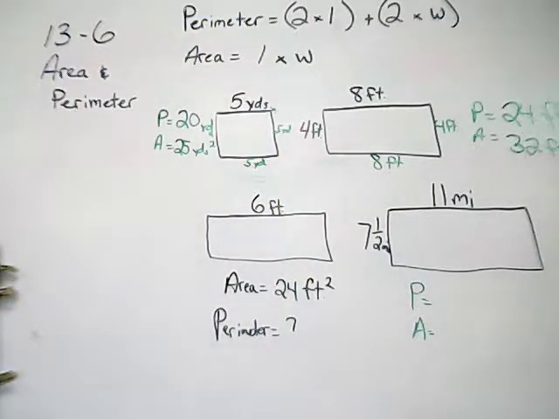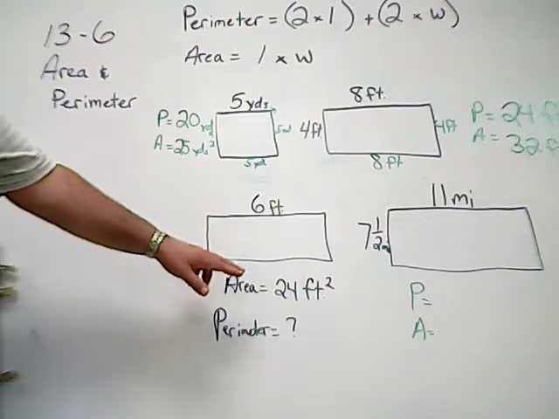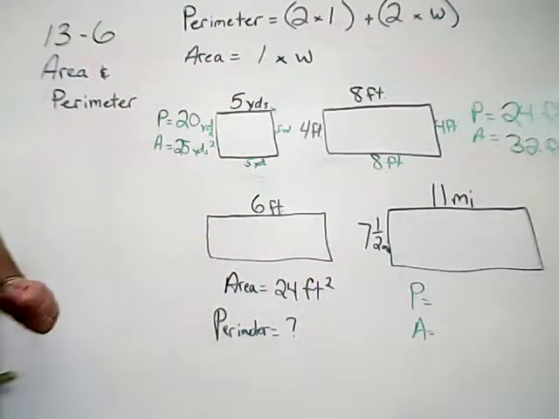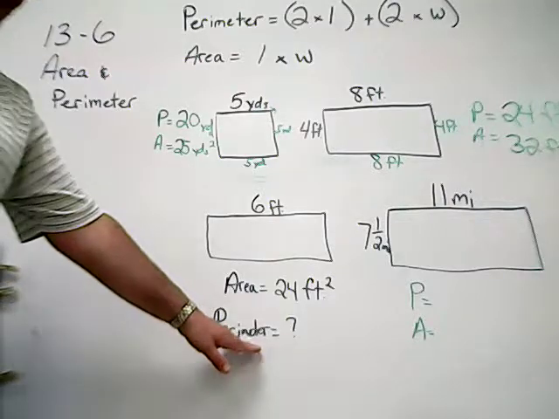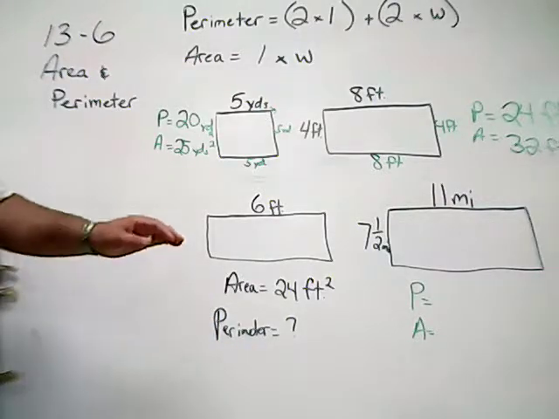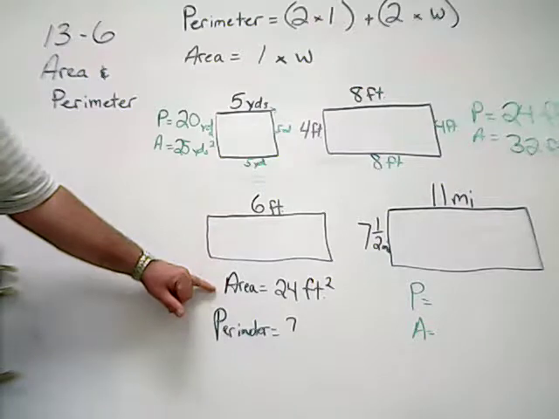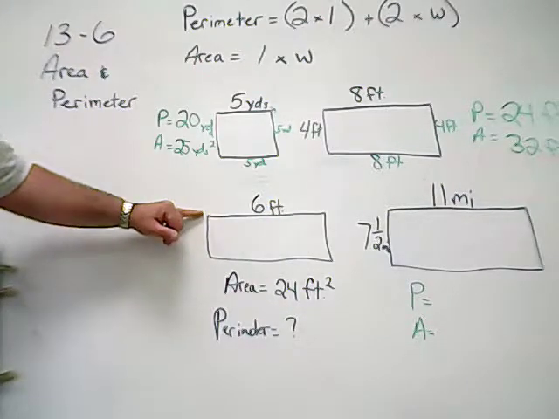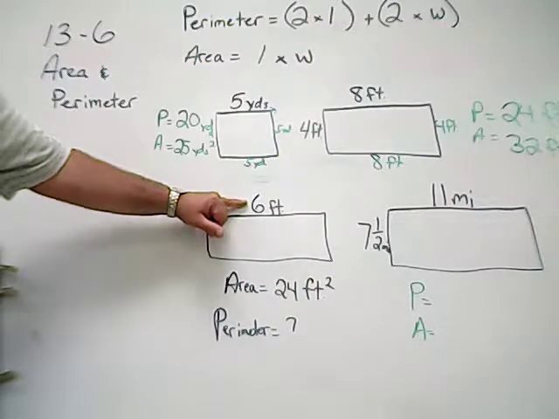Now, a little more challenging on the bottom here. What I have is a rectangle, and I'm given the information that the area of this rectangle is 24 square feet. I need to find the perimeter. Well, I know that to get the area, I have to do one width times one length. Well, I have one of the numbers, it's 6.